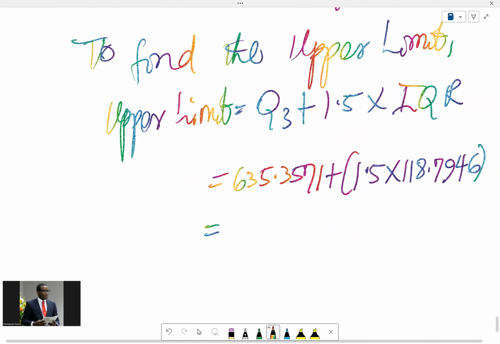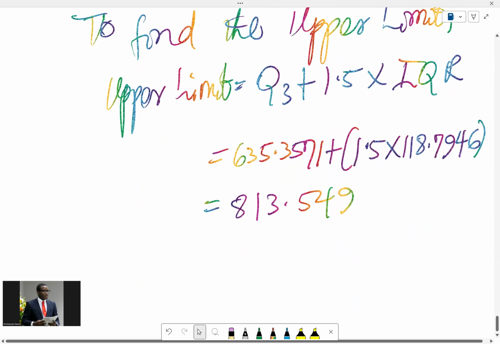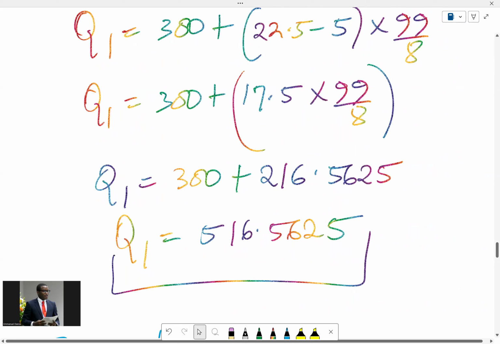So I'll start with the multiplication. I have 1.5 times 118.7946 plus 635.3571. That is 813.549. Okay. So now the question is we want to check for outliers, right?